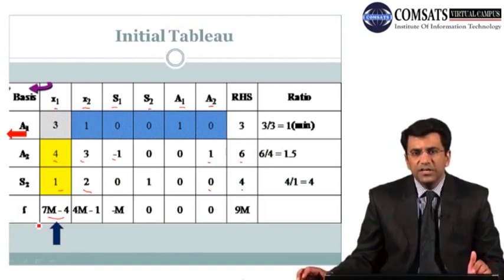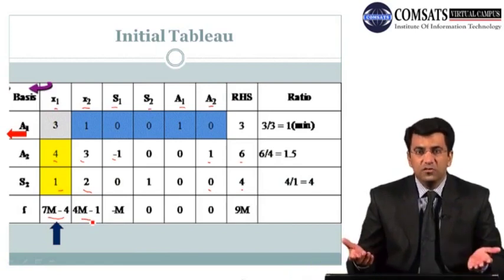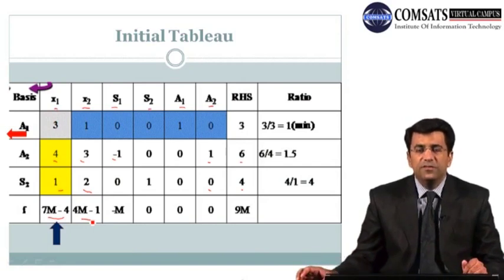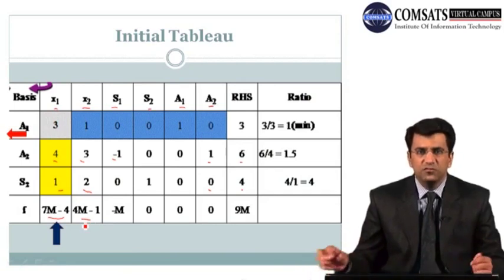So still it is a positive quantity. Similarly, if we take 4m minus 1, again m is a very large quantity, and if we multiply it by 4, it will become an even larger quantity, and if we subtract just 1 from that, again it will be a very, very large positive quantity.